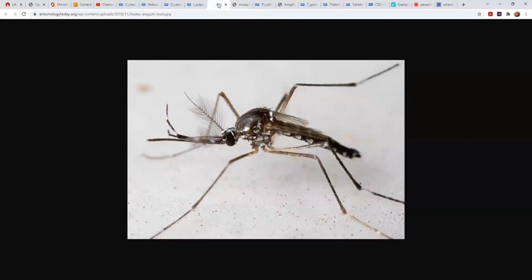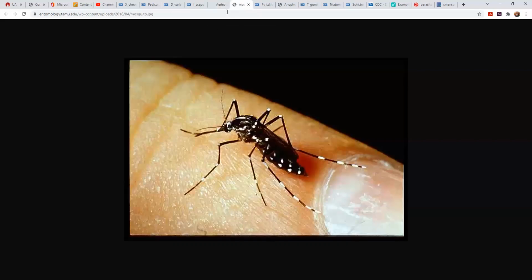Here's the male: white spots on the abdomen, a few little white spots on the legs, but not very many, and very bushy antenna, versus the female, very nondescript antenna, and very, very pronounced white spots on the legs. Okay, so that's Aedes aegypti.